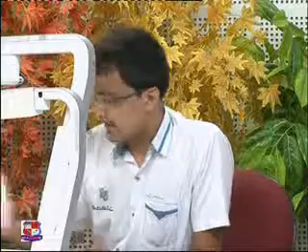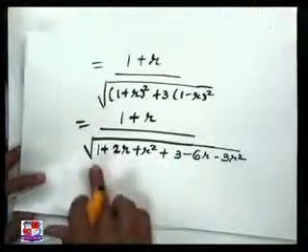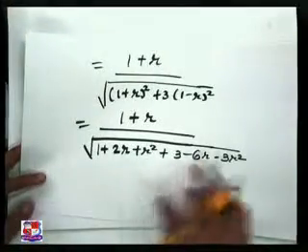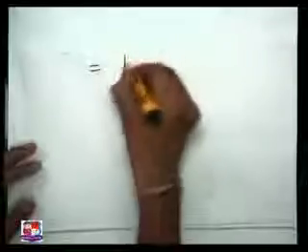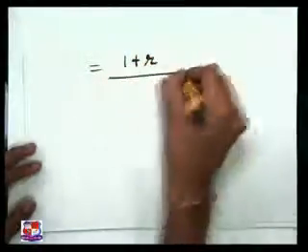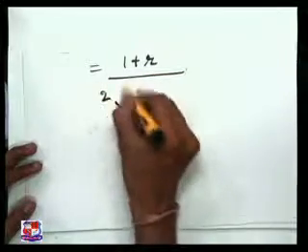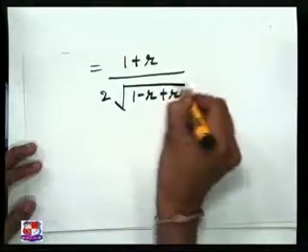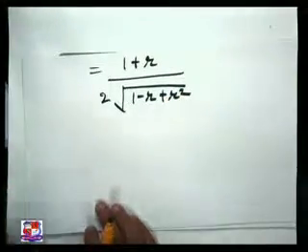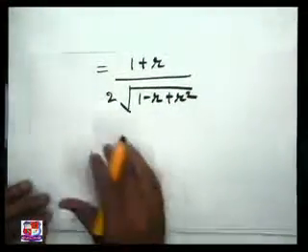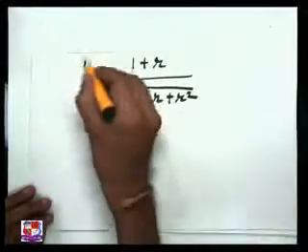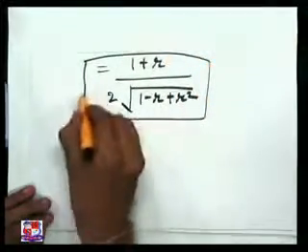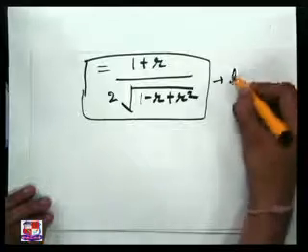Directly you can call it, otherwise we have 1 plus r upon 1 minus r plus r square, times 2. This will be the last equation for the power factor when the power factor is lagging.